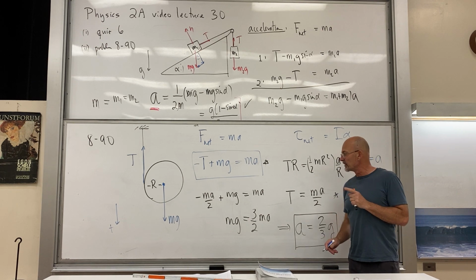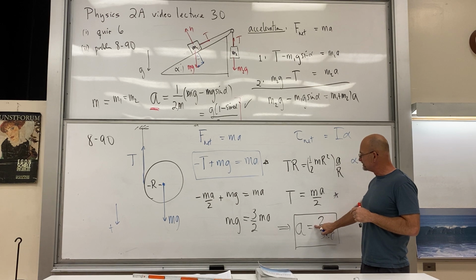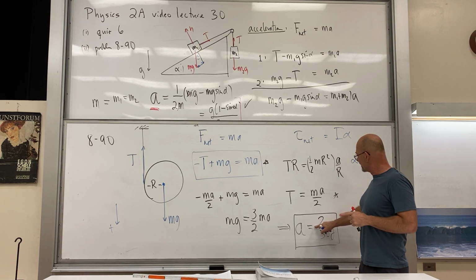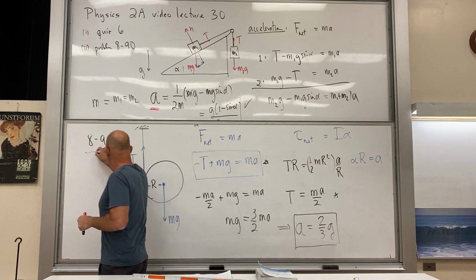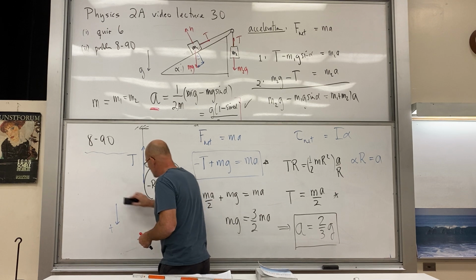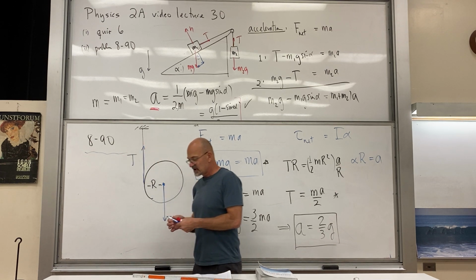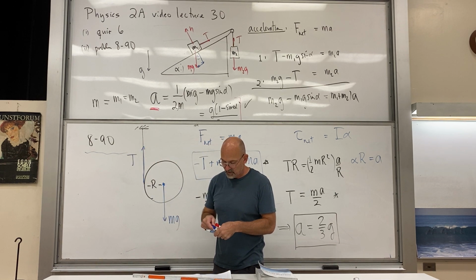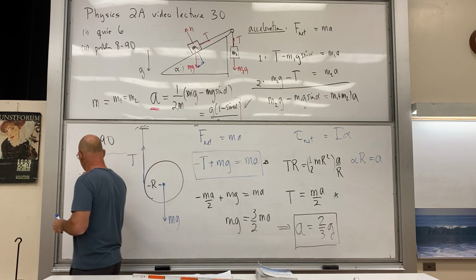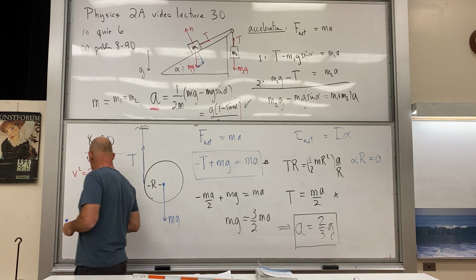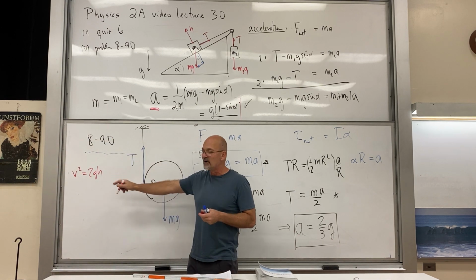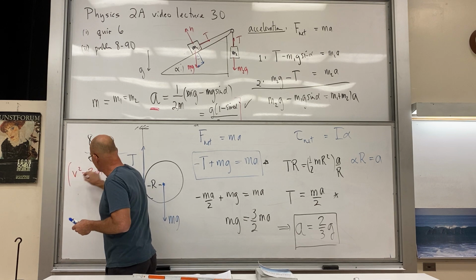The other parts of the problem are interesting as well. One thing about the linear speed of this thing, I'll use this part of the board. I'm just going to remind you of this old formula, V squared equals 2gh. We have that for free fall, so this is parenthetically, okay?